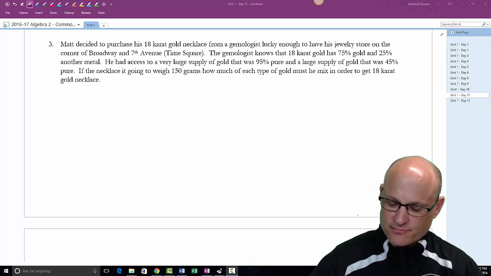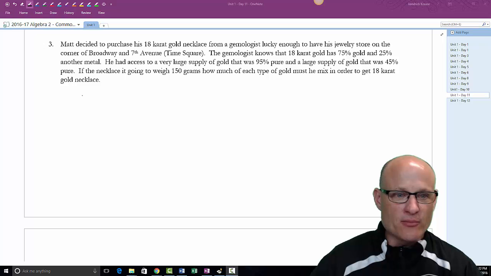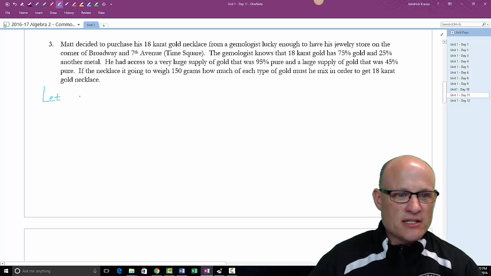All right, let's start with assigning some variables. Let me go to blue because we're going to need some lucky color on this one. So let x equal number of grams of 95% pure.